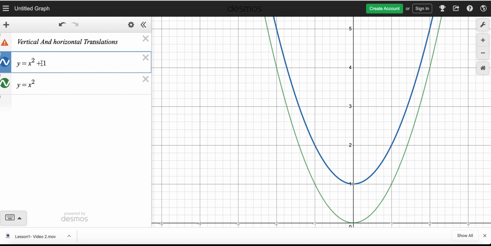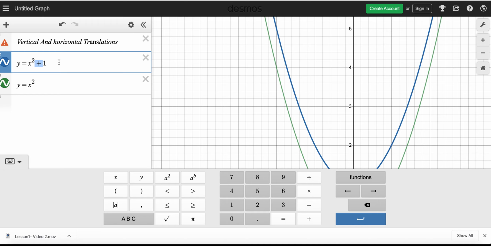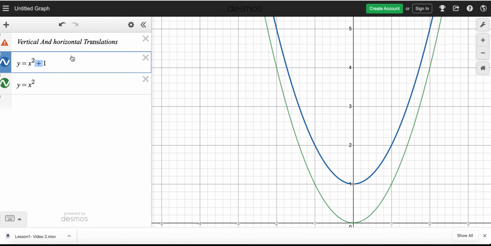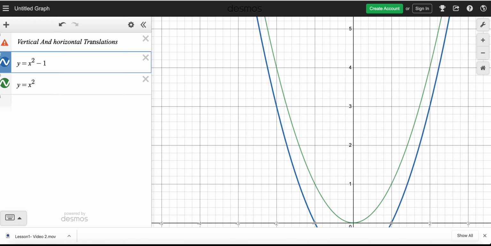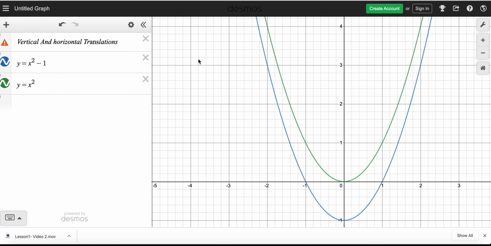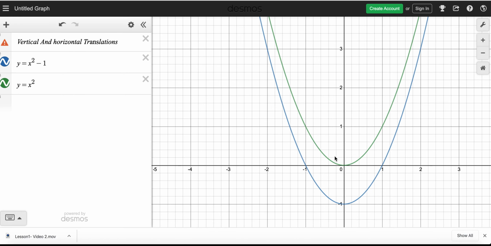Now, since we can add numbers to shift up, then consequently, if I want to shift it down, or move it down, or translate it down, I'm just going to subtract numbers. So again, that's my original one, x squared. Just subtract 1 here.